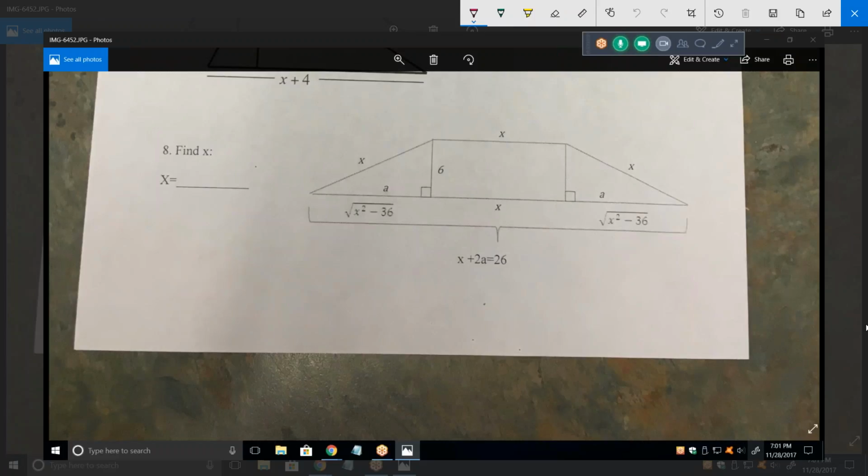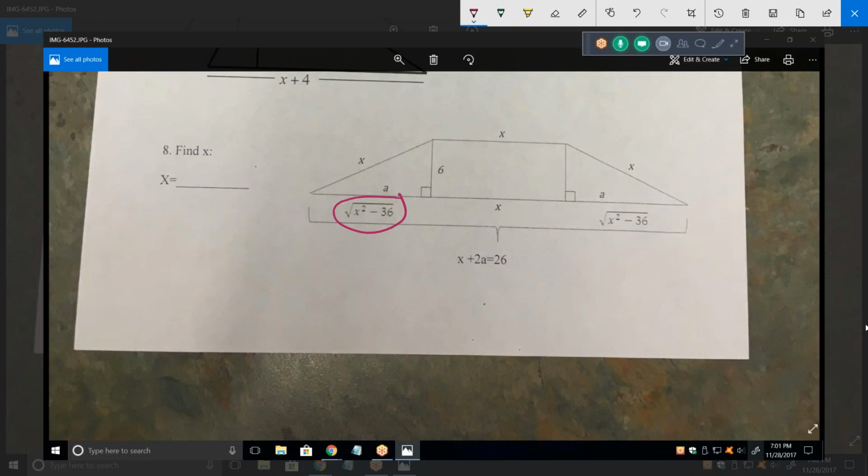Find x. Wow. You understand this? Yeah. Okay.